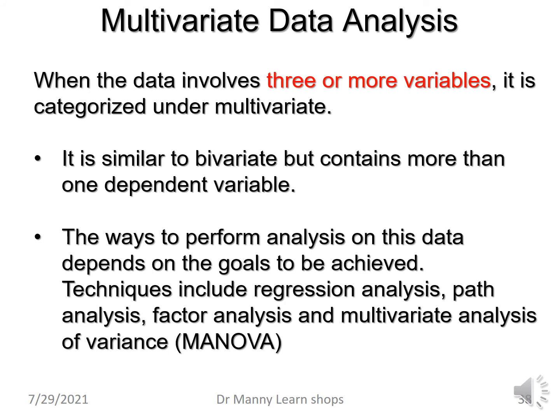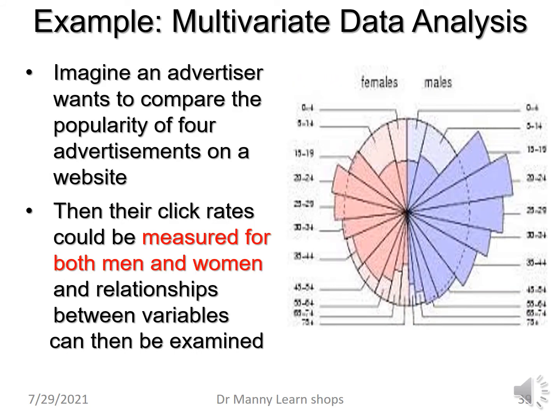Techniques include regression analysis, pathway analysis, factor analysis, and multivariate analysis of variance, MANOVA. An example of multivariate analysis: imagine an advertiser wants to compare the popularity of 4 advertisements on a website. Then click rates could be measured for both men and women, and the relationships between variables can be measured.